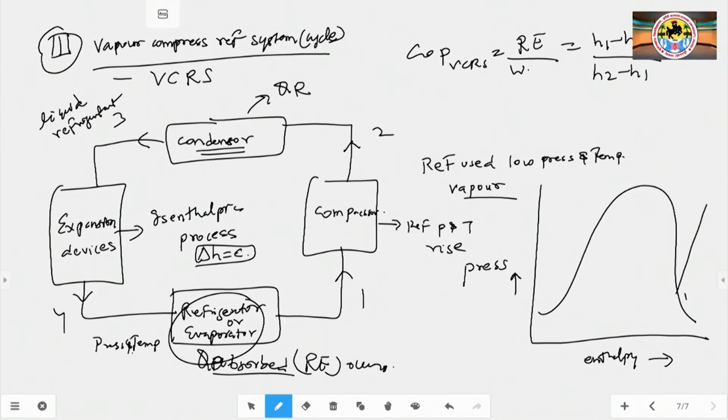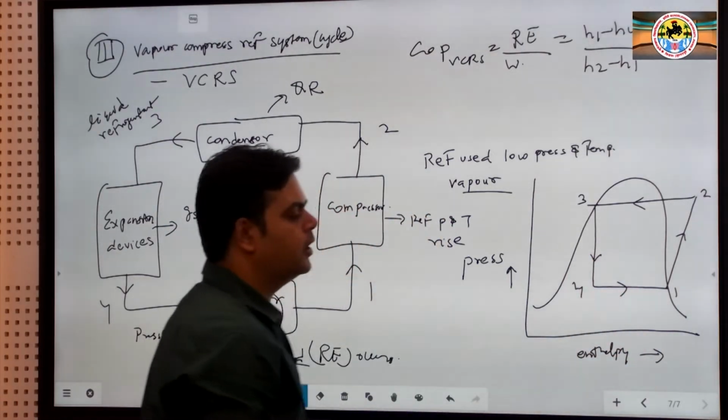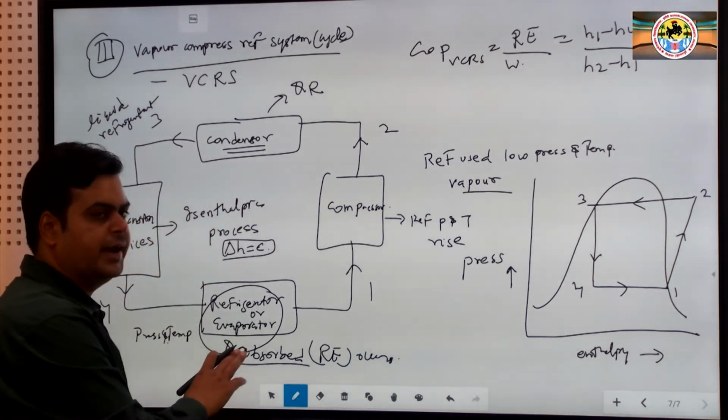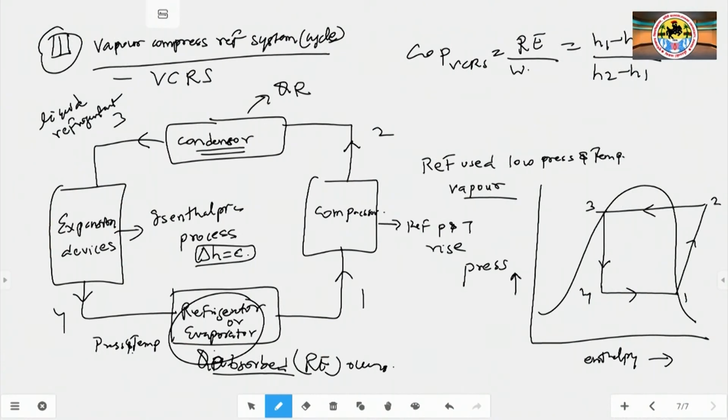This is 1 to 2, that is isentropic compression. 2 to 3, constant pressure heat rejection in the condenser. 3 to 4 is the expansion device, that is an isenthalpic process, and 4 to 1 is the refrigeration effect, or constant pressure heat absorption.